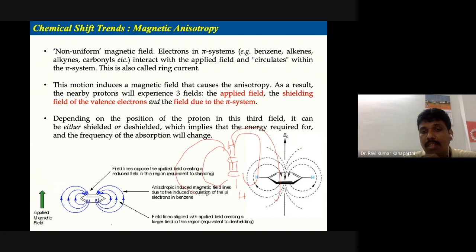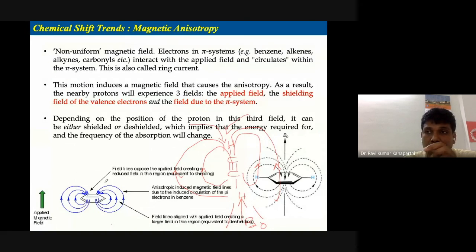Okay, the magnetic field is created like this, and this is our applied B0. Of course, these magnetic force lines are there, and the protons are present in what we call a diamagnetic region.